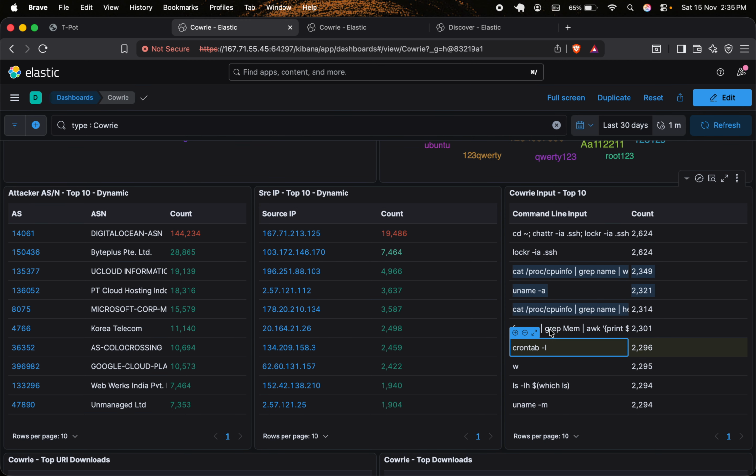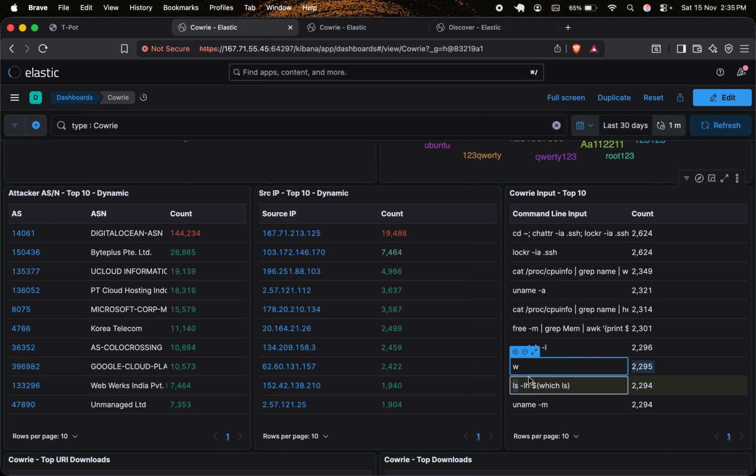This command is majorly about the memory. They want to know what the free memory is, what the RAM is, so they can think about what resources the machine utilizes. Crontab is about the cron jobs that are running on the system.